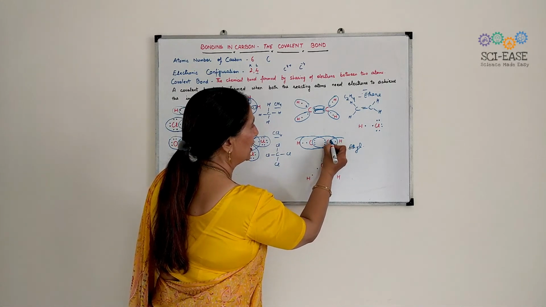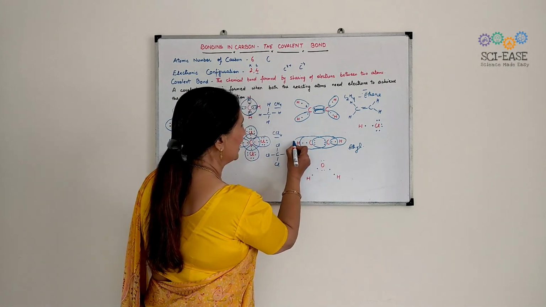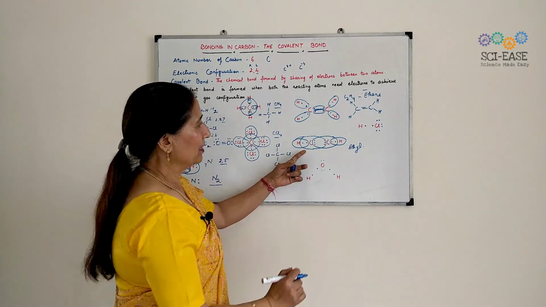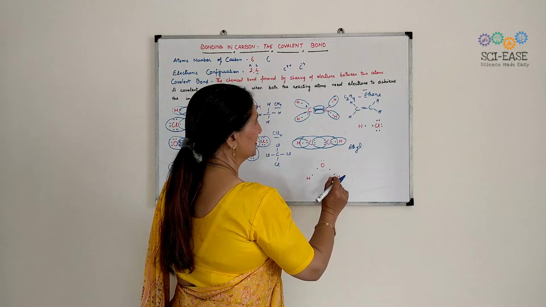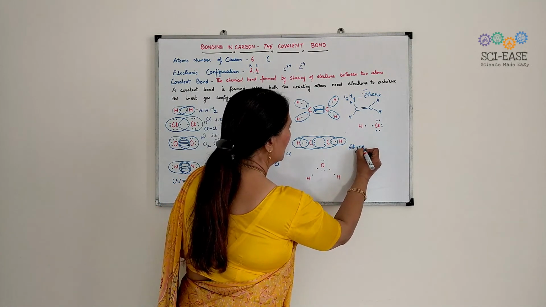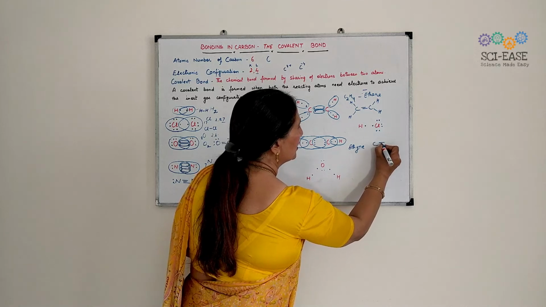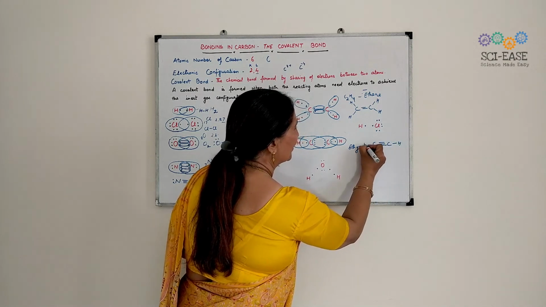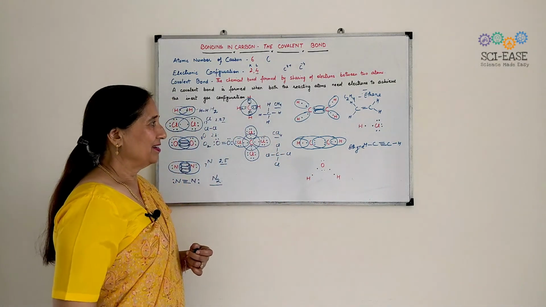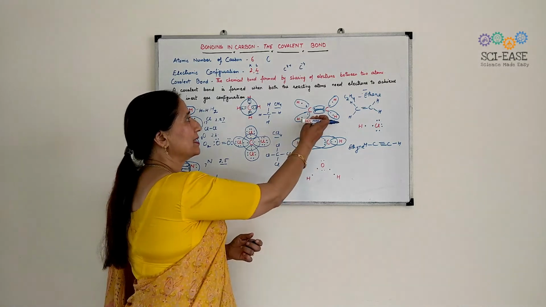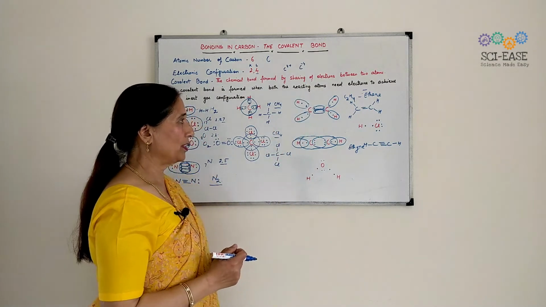The duplet of hydrogen is completed, and here also. So how will we represent this? H, C, triple bond C, H. So this is the example of a triple covalent bond. The earlier one is the example of a double covalent bond.